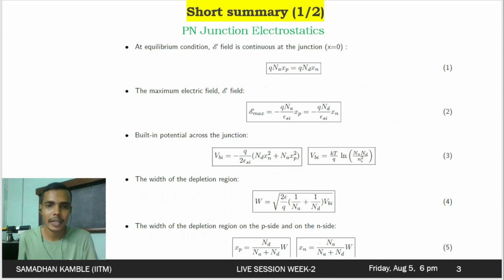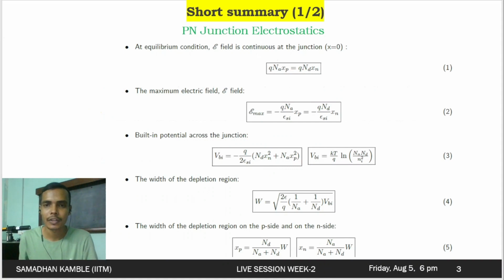We also determined the energy band diagram of a p-n junction in thermal equilibrium. We discussed how the space charge region is created between the p-type and n-type regions. We also applied Poisson's equation to determine the electric field in the space charge region and calculated the built-in potential barrier.